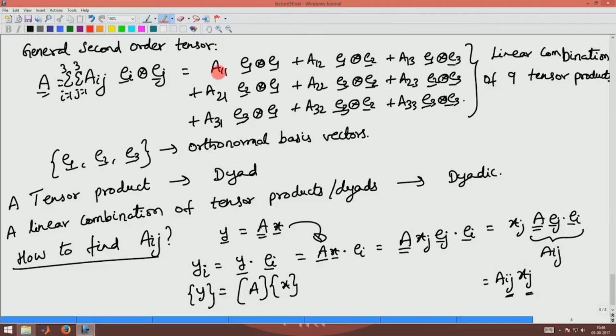What I have done here is represent these components of A in terms of a 3 by 3 matrix with the first index denoting the row and the second index denoting the column. Now we find that Aij is A times Ej dotted with Ei, right. That is how you find the components.